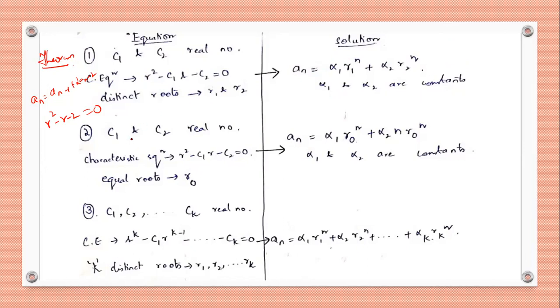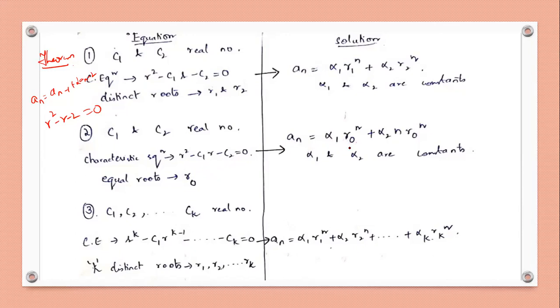Now, in the same case, C1 and C2 are real numbers. The characteristic equation is given as follows, but instead of the roots being different, we have equal roots, as we have just seen in theorem 6, that is, r was equal to 3. Then in that case, we will have the solution as alpha 1 into r naught power n.